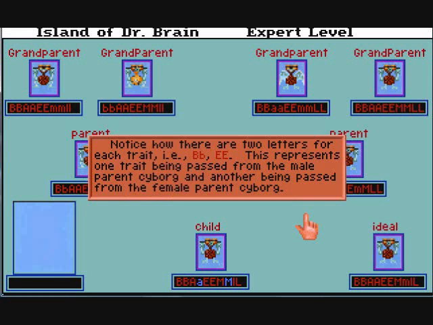Sweet. Notice how there are 2 letters for each trait. For example, B, B, E, E. This represents one trait being passed from the male parent cyborg to another, and another being passed from the female parent cyborg.